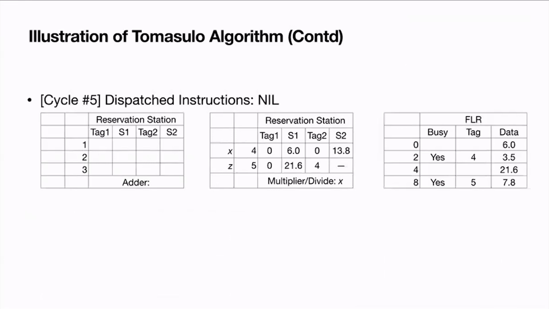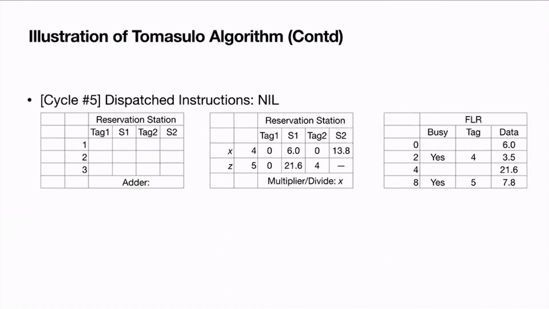But in cycle 5, now the second add instruction is done. And that value 21.6 is forwarded to all the places wherever the tag 2 is there. One of the entries is reservation station entry 5 in the multiplier, and that is where we forwarded. And also we forwarded the data to one of the floating point registers.